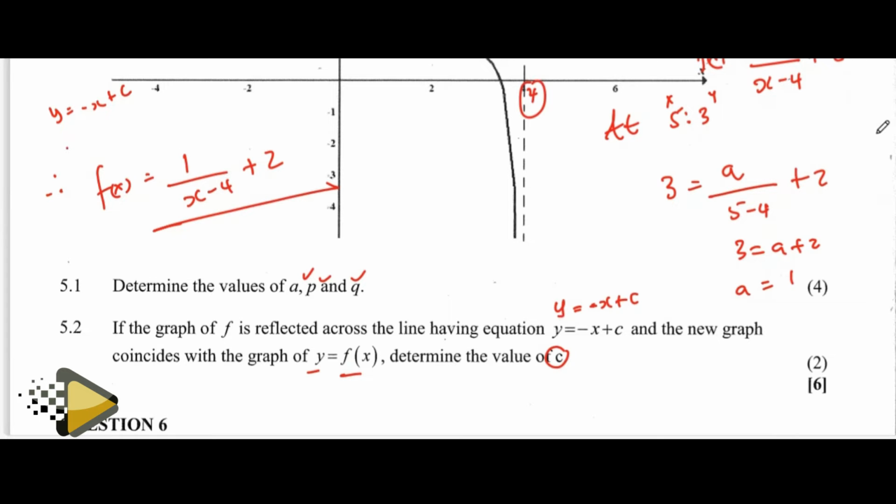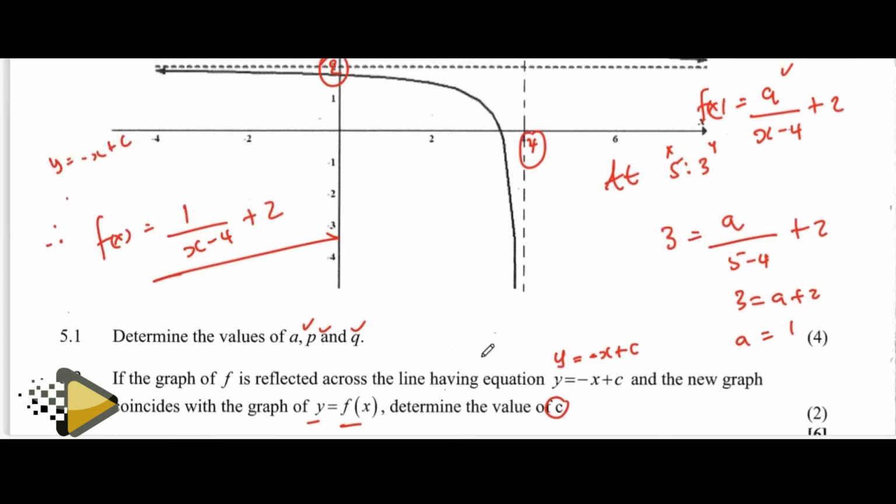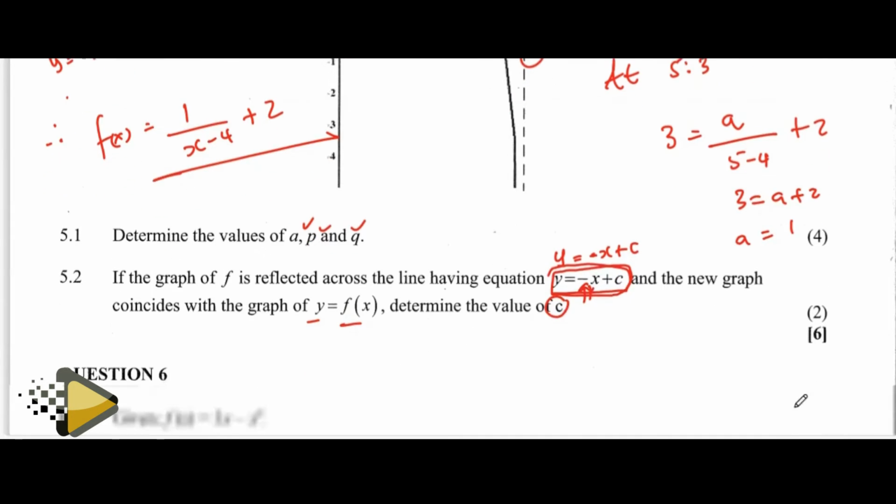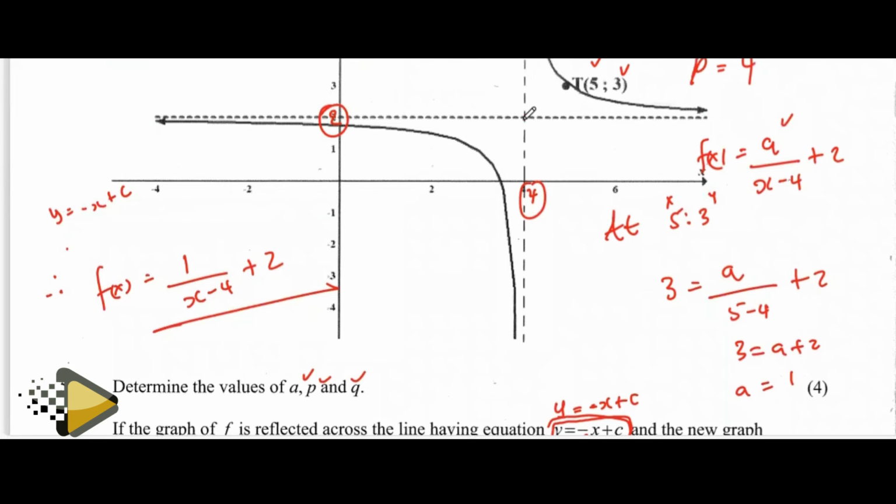So what the question is indirectly asking us for is the axis of symmetry. But it is the axis of symmetry that has a negative gradient, since the gradient is negative 1. So we know that the axis of symmetry is normally given as x plus c or negative x plus c. And we normally use the intersection of the asymptotes.